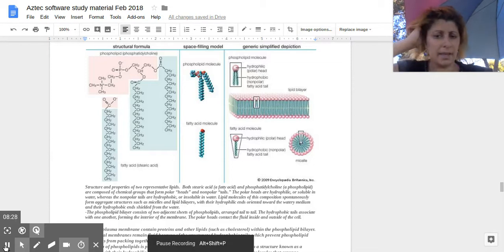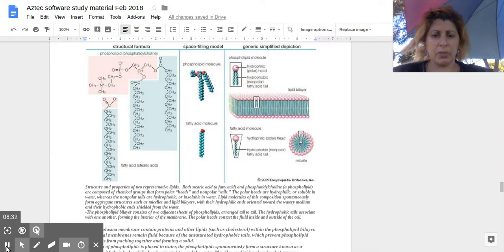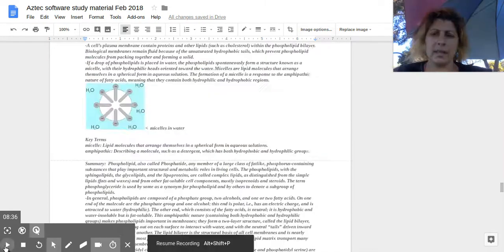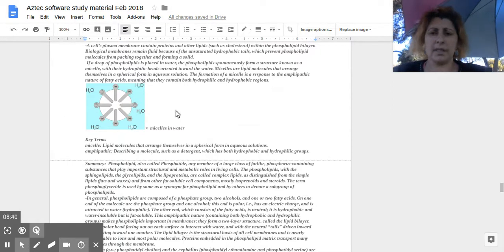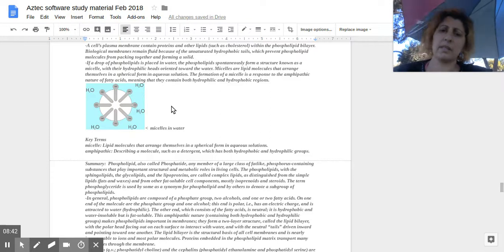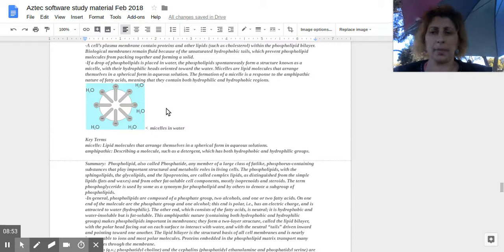The hydrophobic ends are shielded away from the water, and the hydrophilic ends are oriented towards the watery medium. The cell's plasma membrane therefore contains proteins as well as lipids, such as cholesterol, within the phospholipid bilayer that interact with the polar and nonpolar aspects of the bilayer.